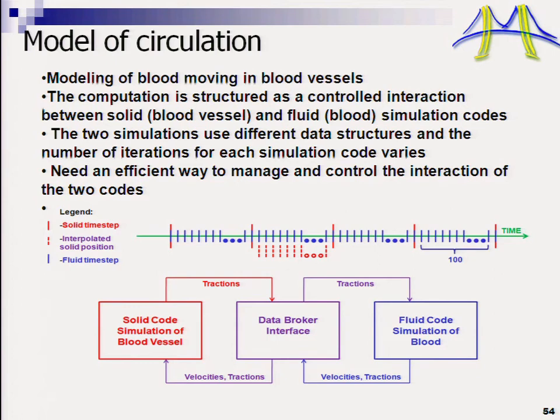Because that intern doesn't know that this code is included in a whole other application, suddenly the schedule of the blood vessel changes and the people's results don't work. So you'd like to keep the schedule and the data exchange in a place where you can keep an eye on it.